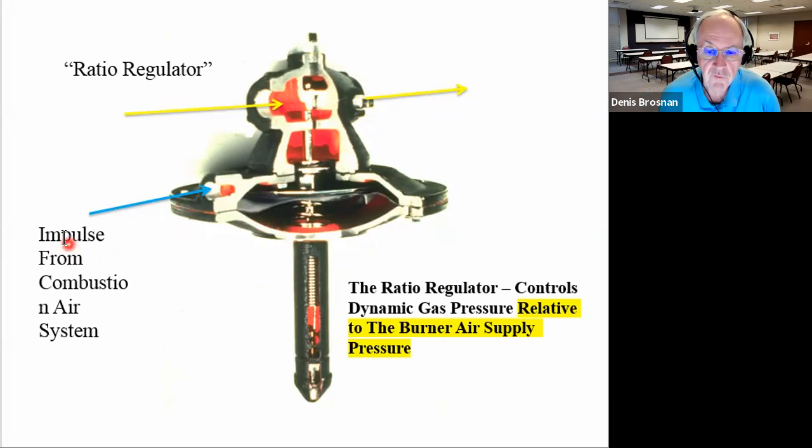There's a pipe coming from the air supply system that transmits that pressure down into the ratio regulator. And as we throttle the air up in volume, it's going to throttle the gas up in volume by opening this valve in a greater proportion. So the air system is driving the gas supply system by use of a ratio regulator.